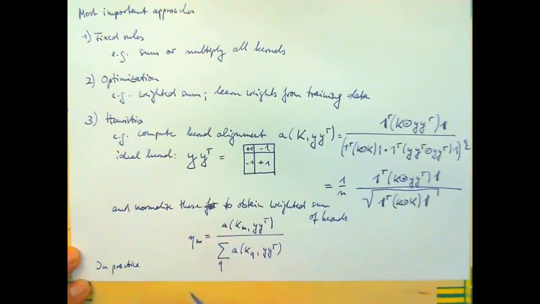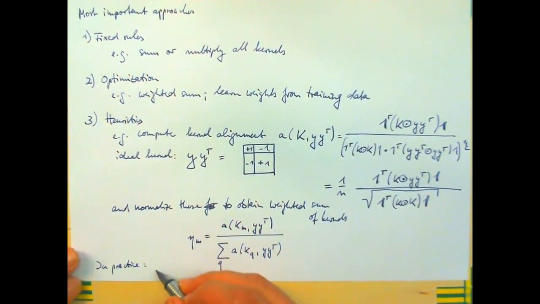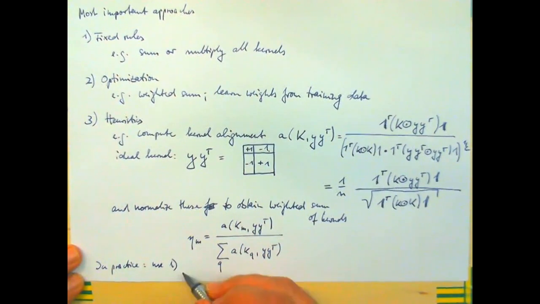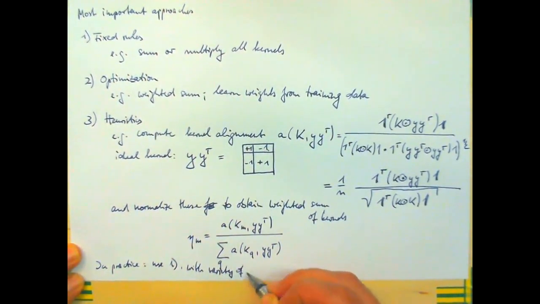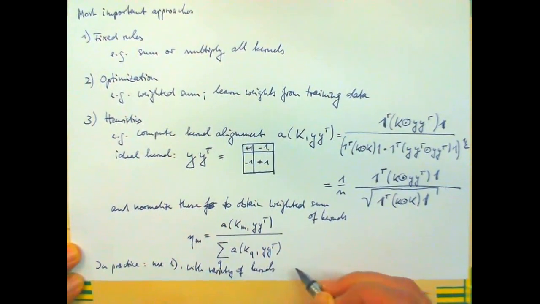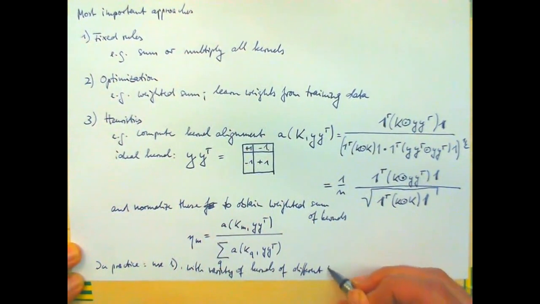But if you just want to use it, I would say use 1 with a variety of kernels of different width. So that, let's say, RBF kernels.